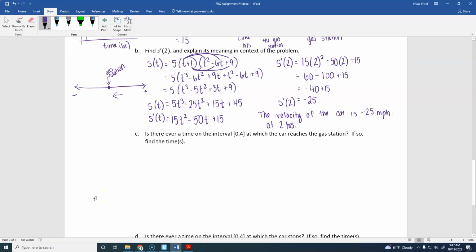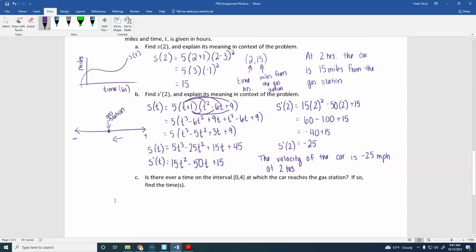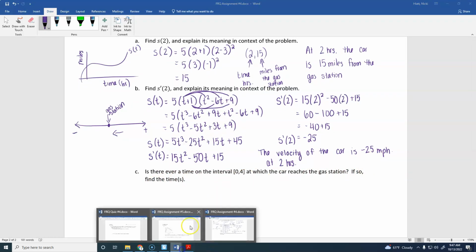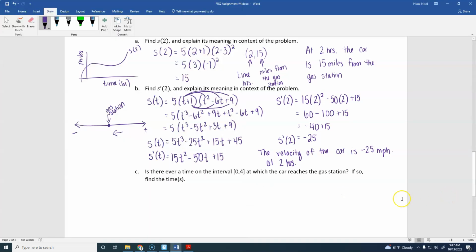This could possibly be an intermediate value theorem in this case, but they do ask you to find the times. So I don't think I did intermediate value theorem on the solutions. No, I didn't.